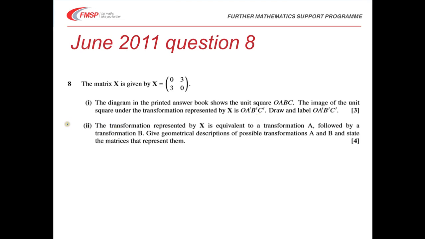And then in the second part, the transformation represented by X is equivalent to a transformation A followed by a transformation B. And we're asked to give a geometrical description of each of these transformations and state the matrices that represent them.